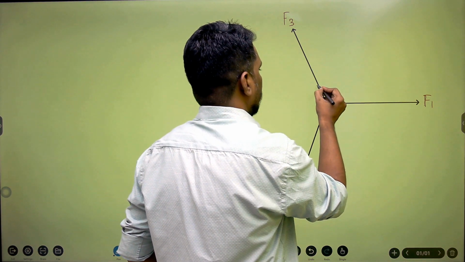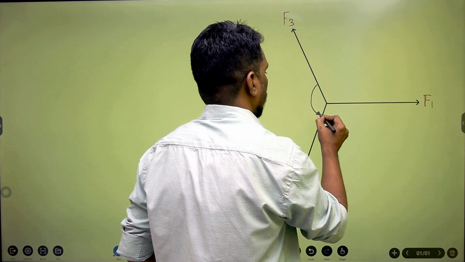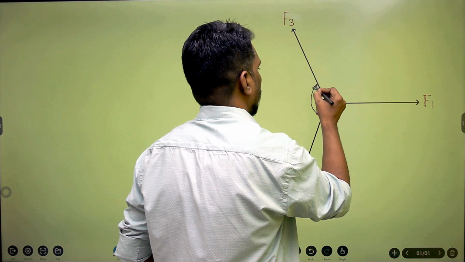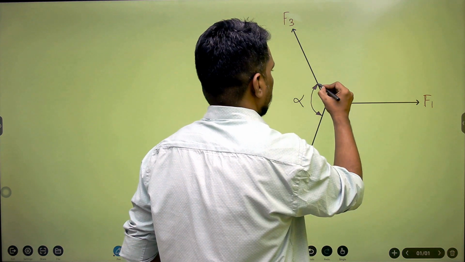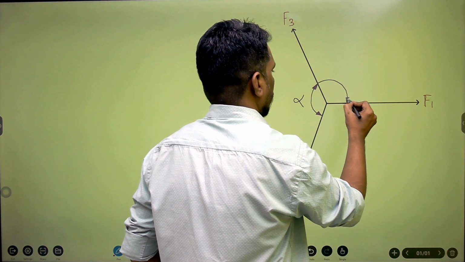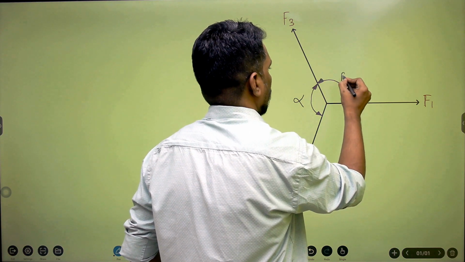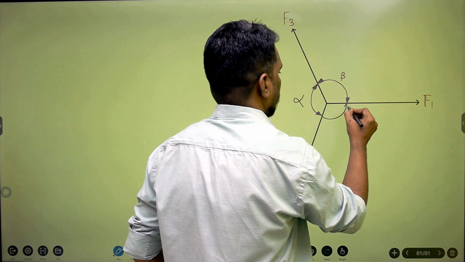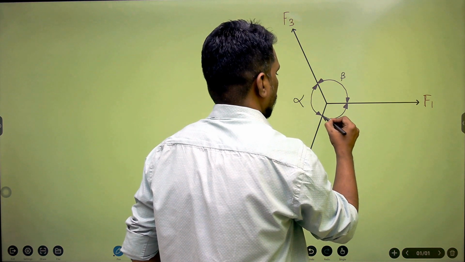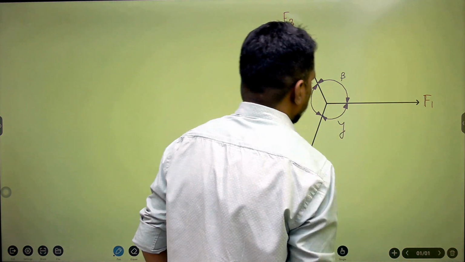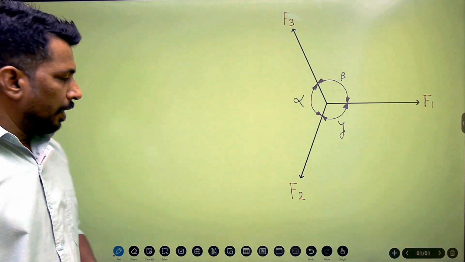Let this be alpha, this is beta, and finally gamma. So three forces and three angles.